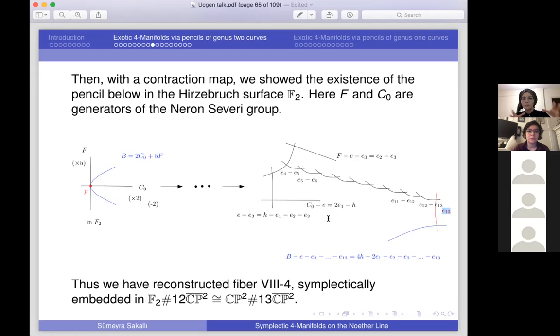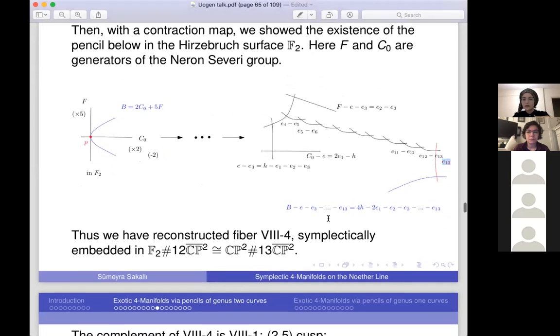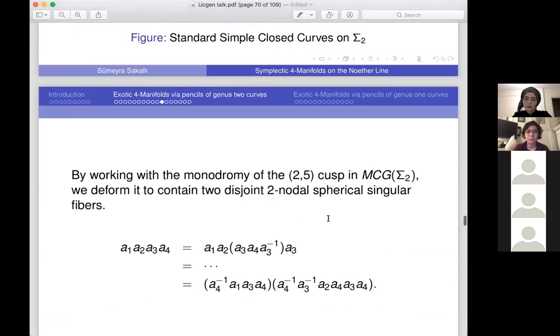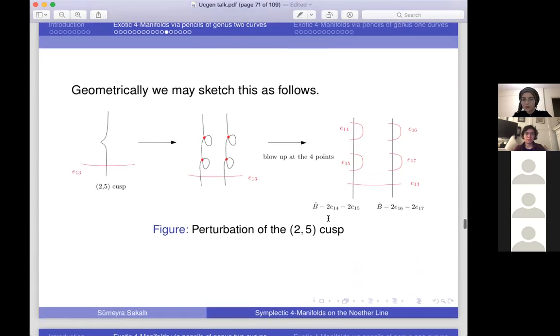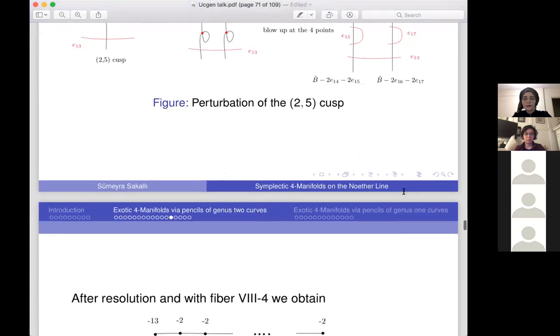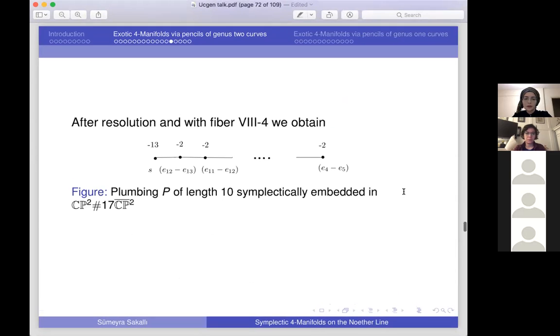And then we combine this configuration with the other two spheres. And we do blow-ups and some symplectic resolutions, some other operations. We combine them together, and we obtain such a plumbing diagram. Again, here each dot is a sphere, and they are transversely intersecting chains of spheres.